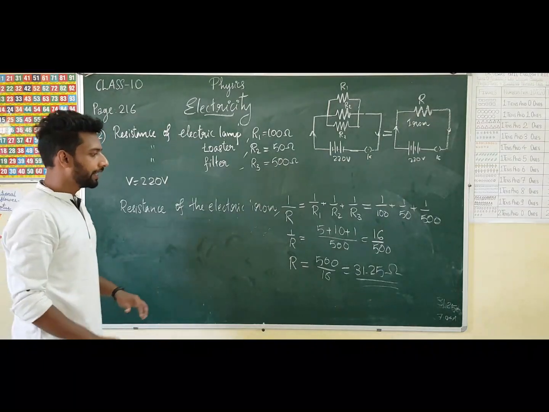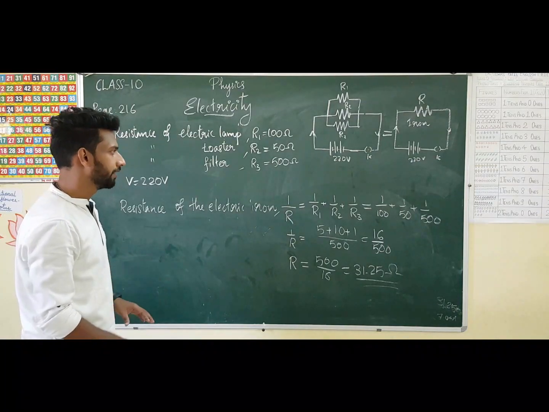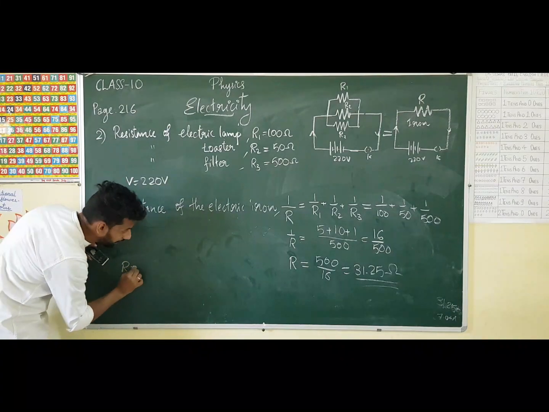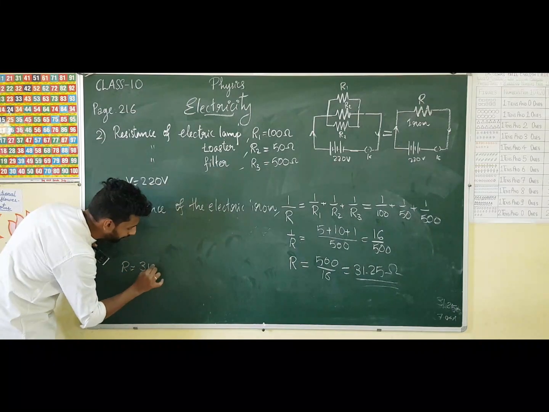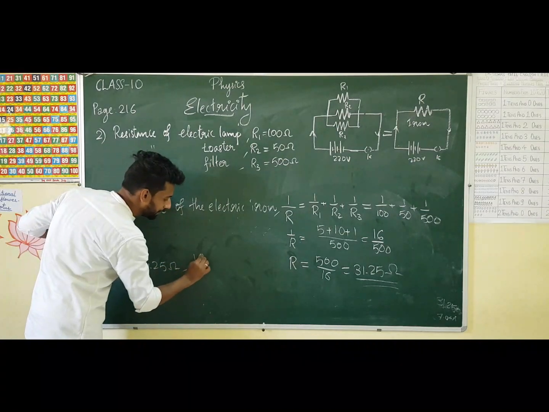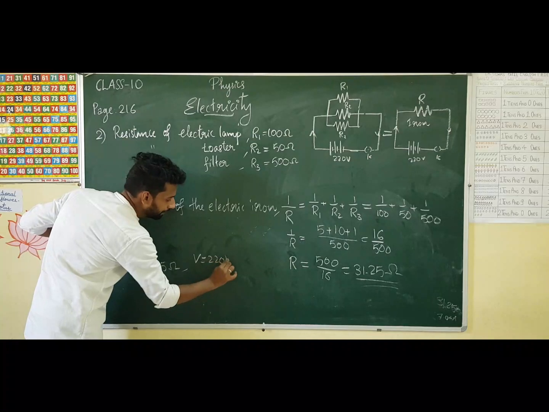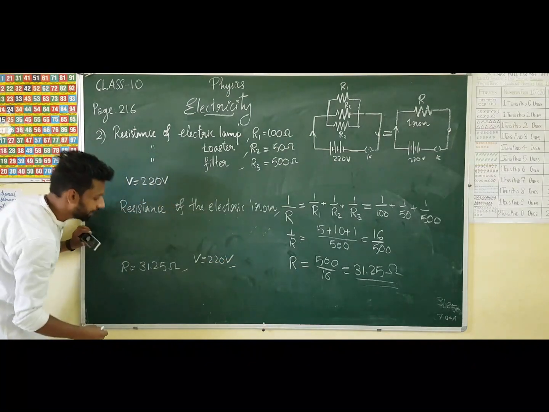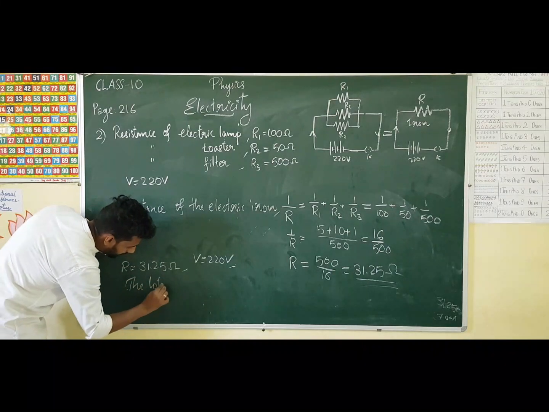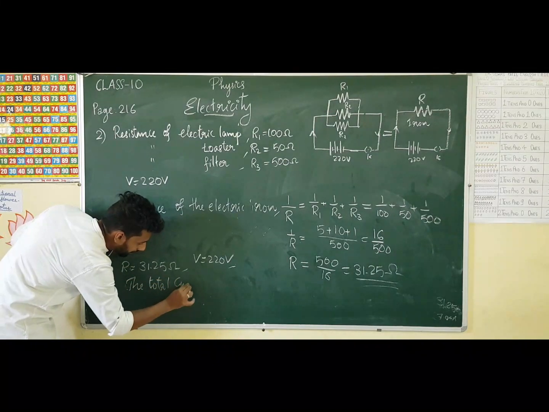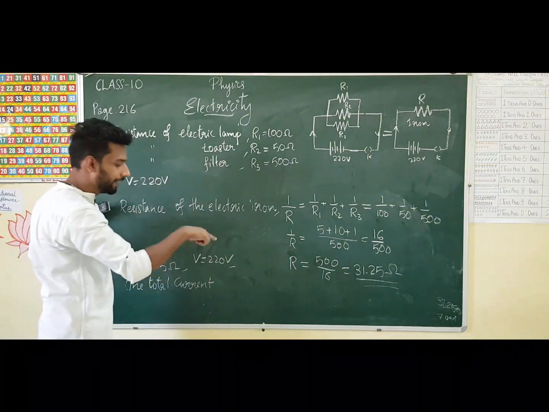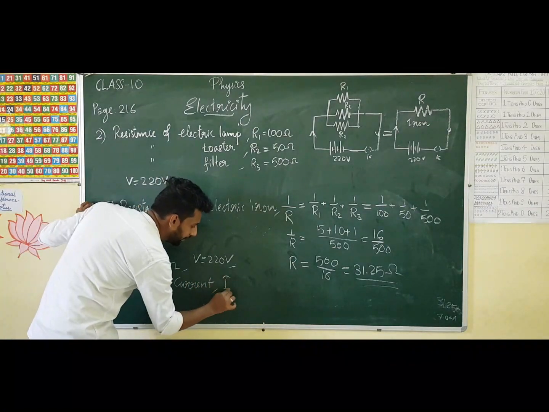Then we have to find the current, the total current. We have the values R equal to 31.25 ohm and potential difference V equal to 220 volt. Now we can calculate the current. This total current will be equal to the current drawn by the electric iron. So I equals, what is the equation?